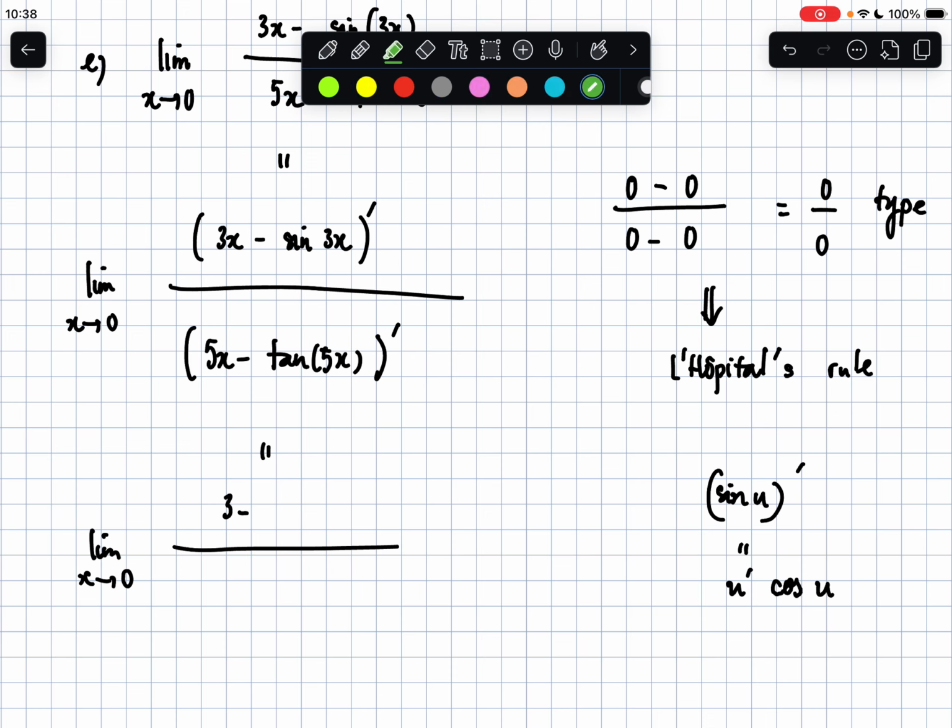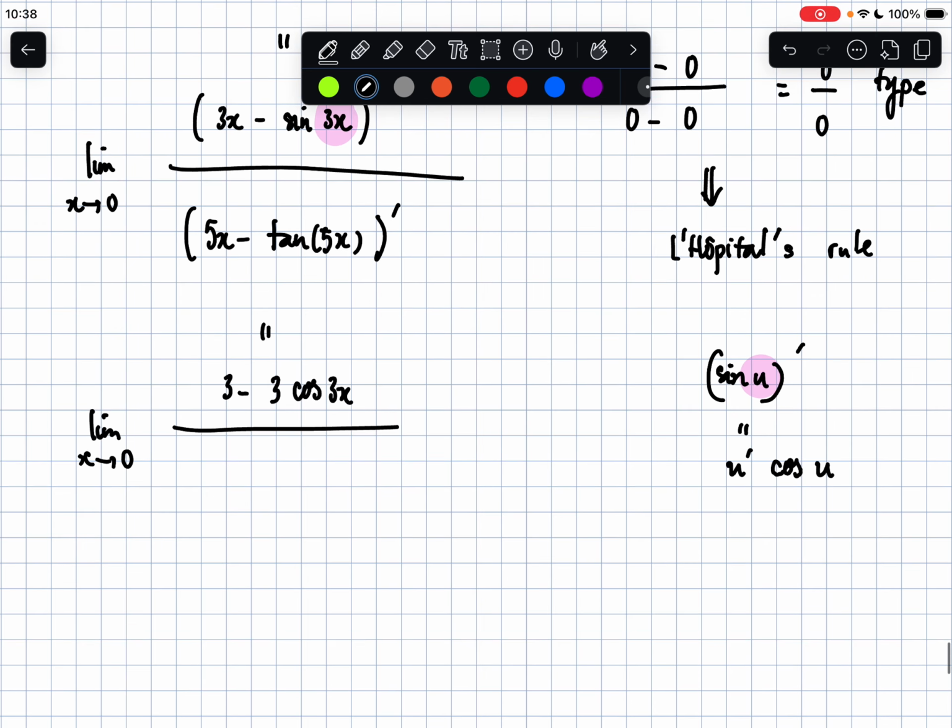You think of that u as 3x, so 3x prime, which is 3 cosine 3x. You do similarly for the other one: 5 minus tangent u prime, secant square. U here is 5x, so 5 secant square of 5x.